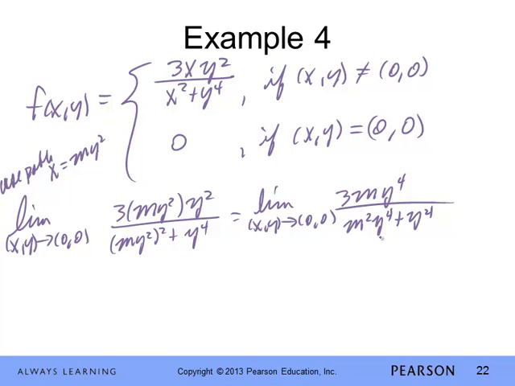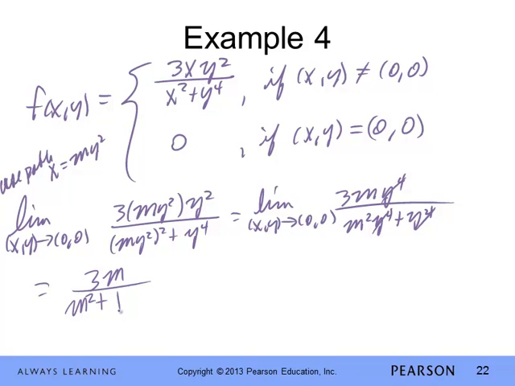So you can cancel the y to the 4th between numerator and denominator, leaving you just with, and then of course that's a constant, so that leaves you with 3m over m squared plus 1, I guess, which of course has a value that depends on m.